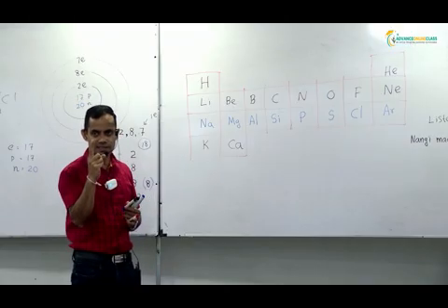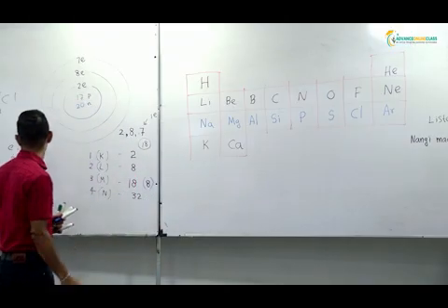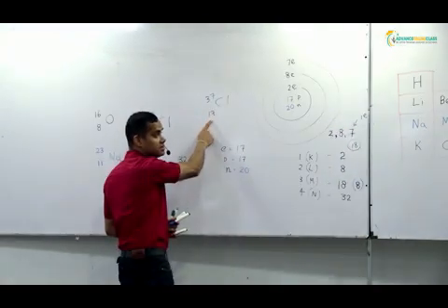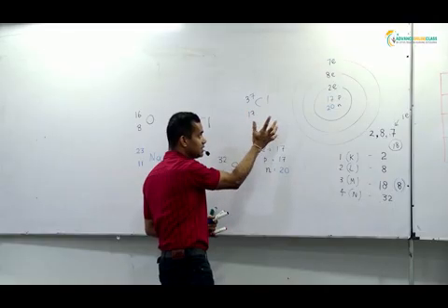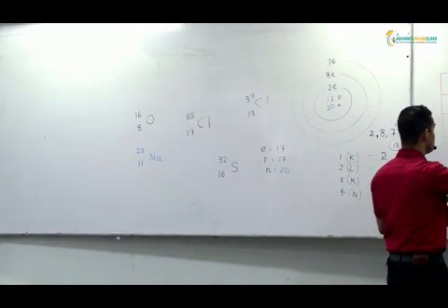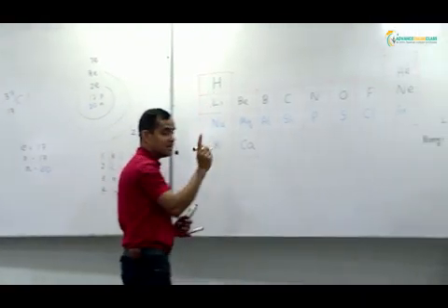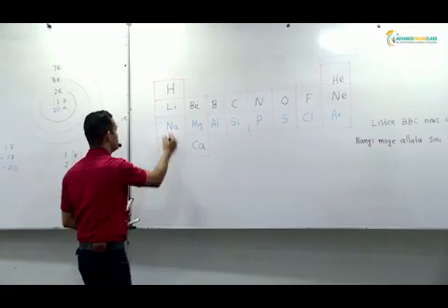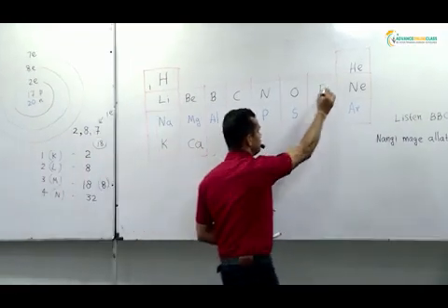One is ascending atomic number. Atomic number is increasing one by one, and where to write atomic number? Left hand side down. So I want you to put it left hand side down. Put numbers with me 1 to 20.